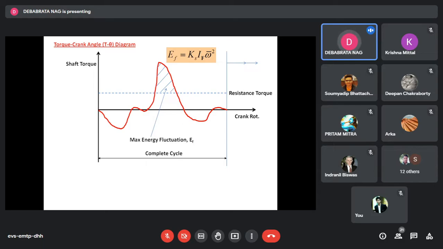There will be a certain amount of speed variation that is tolerable by the circuit. All electrical engineering supply lines sustain this amount of tolerable variation of the speed from the mean to maximum and similarly mean to minimum. So there is a speed band, right?